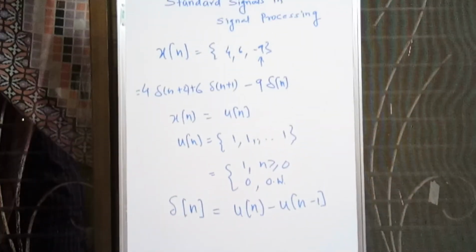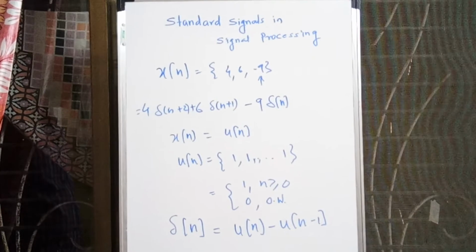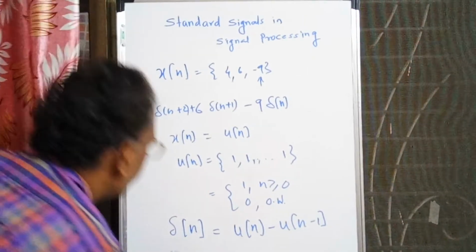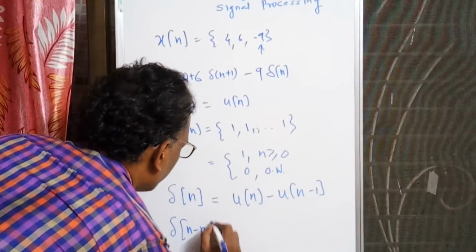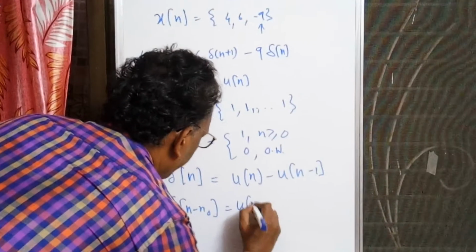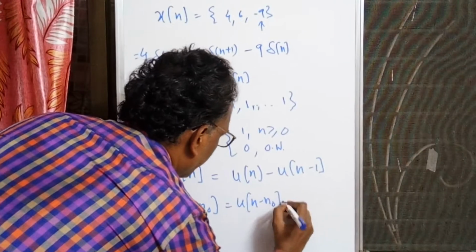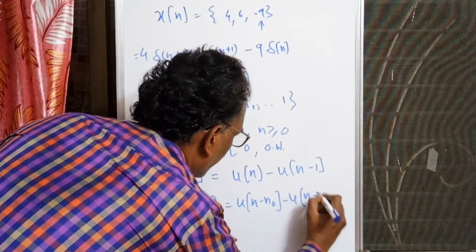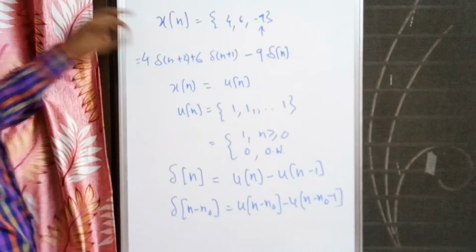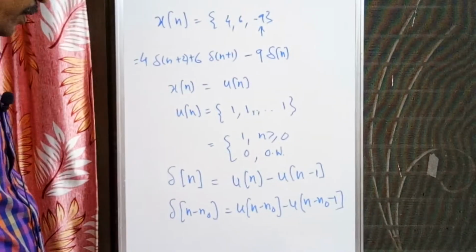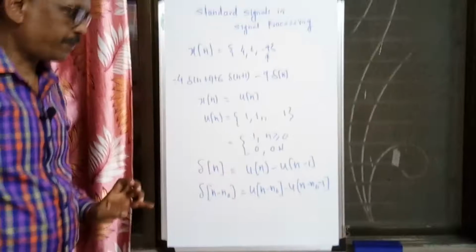If u of n minus 1 is subtracted from u of n, we get del n. So if I shift del n by n naught, the equation will be a generalized equation, which will be useful to express x of n in terms of shifted unit step sequence.